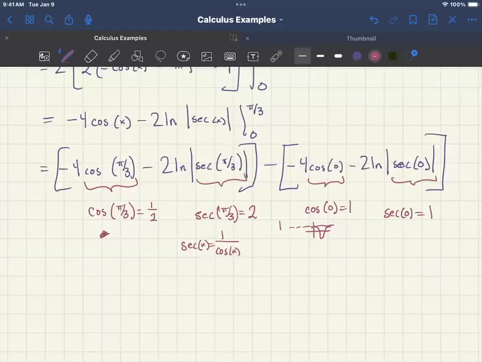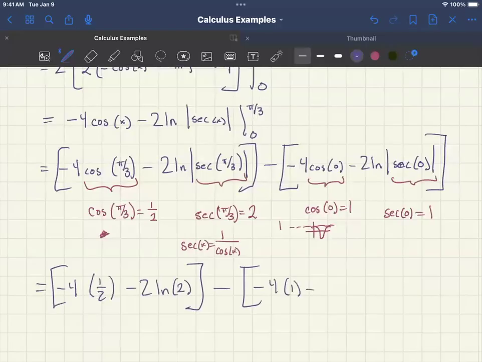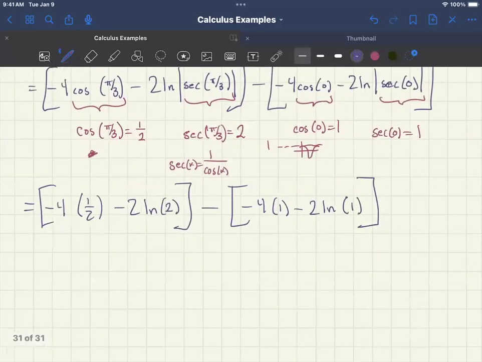Now that we have our numbers in there, this is going to be -4 times 1/2 minus 2 natural log of 2. And I'm going to drop the absolute values because now we have a positive number in there. Minus 4 times 1 minus 2 natural log of 1. All right. Natural log of 1, the nice thing about that is we do know natural log of 1 is 0, so that part is just going to die out.